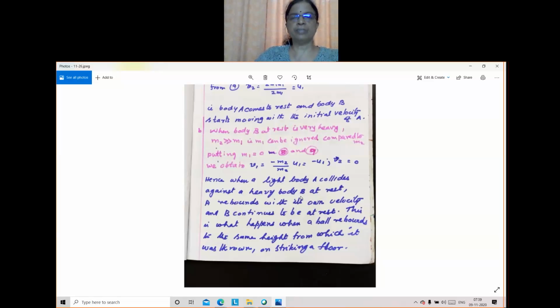These are all special cases. This is also what happens when a ball rebounds from the floor: the floor remains there itself, with no velocity. Very heavy, nothing happens.